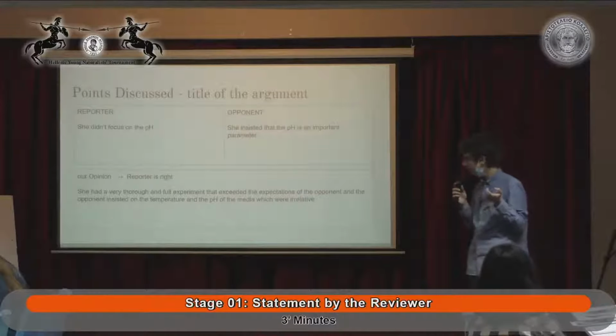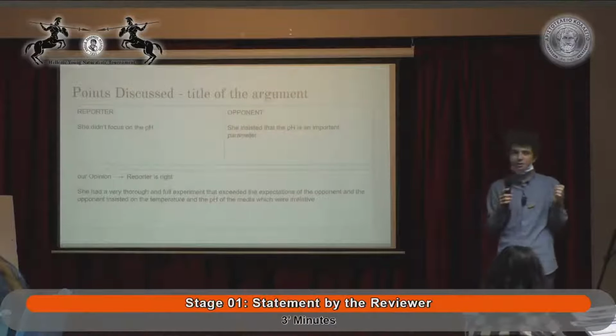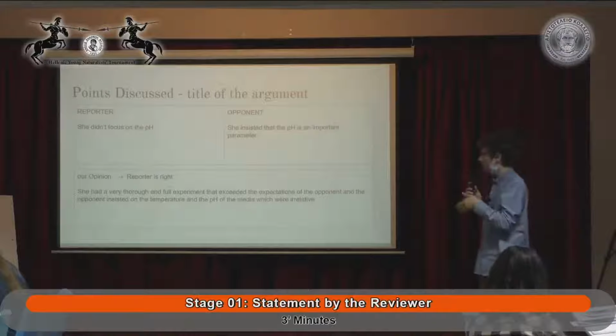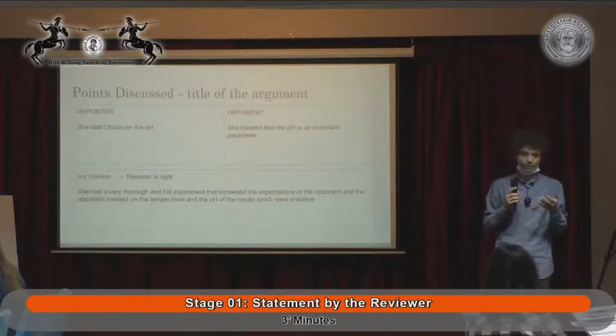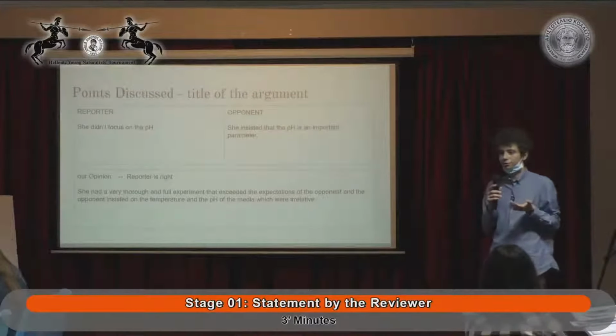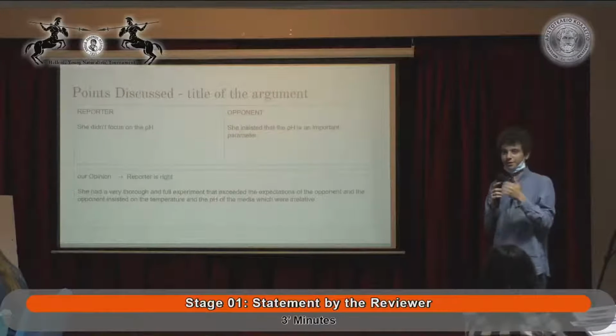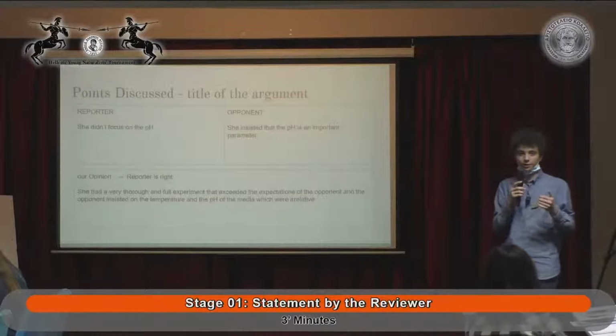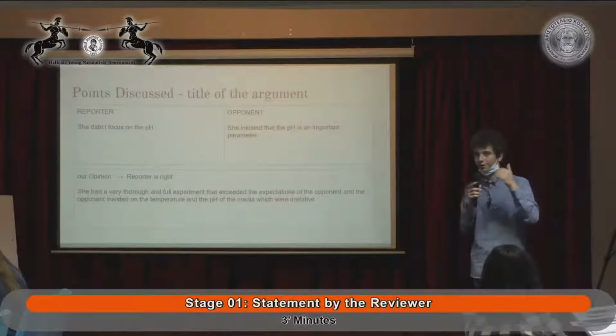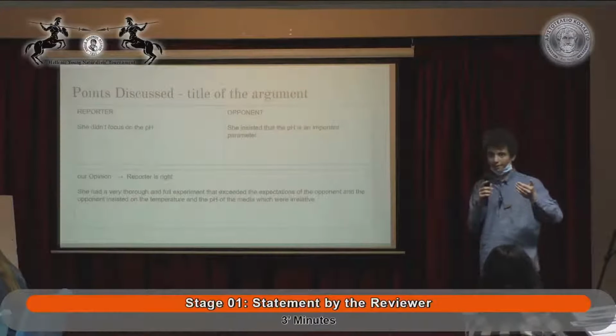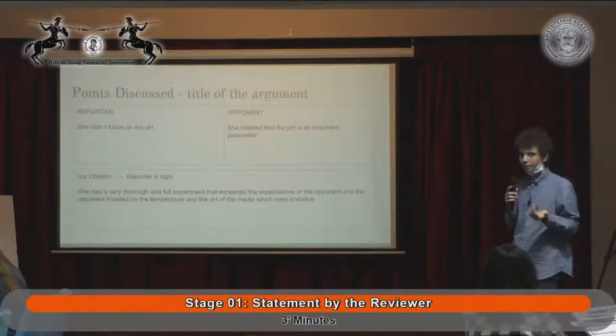In the discussion, the reporter made a relevant argument, which was the pH of the culture media. But the culture media, as the reporter explained, is specific, because the culture media has a specific pH level set by the factory which produced it.